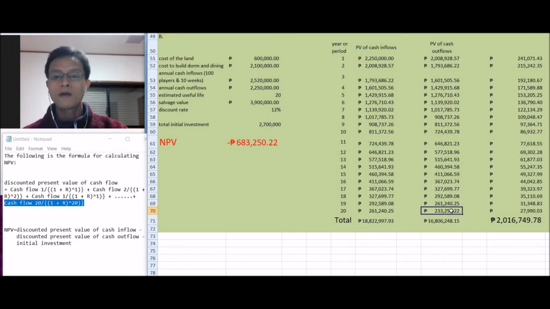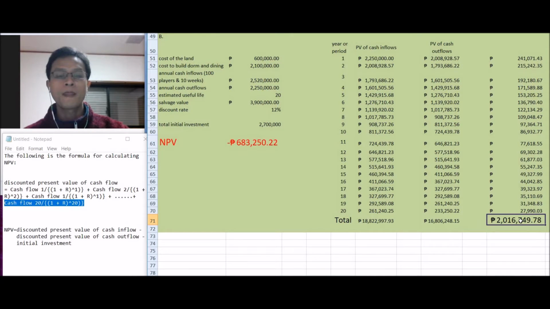Then take all of this discounted cash flow yearly, and the amount should be this one. Then take the difference of the two, because that's the inflows and the outflows. It should give this amount.